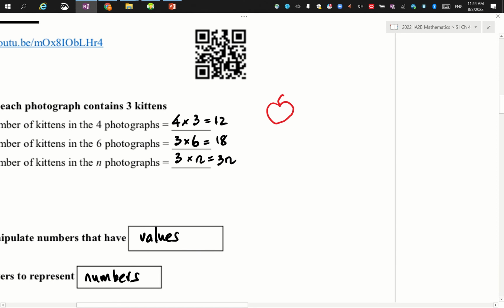Please put down, this is called one apple. Can you help me draw 3 apples at the bottom? So this over here is 3 apples. Simple stuff so far, right?